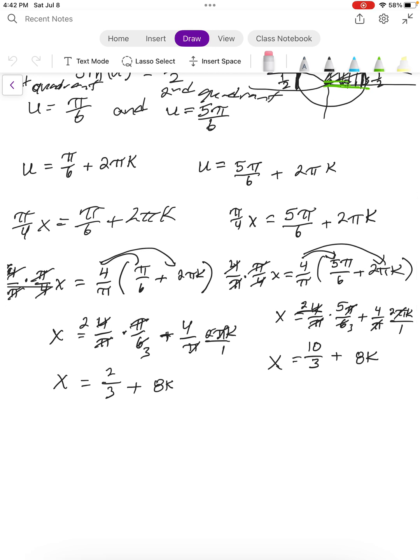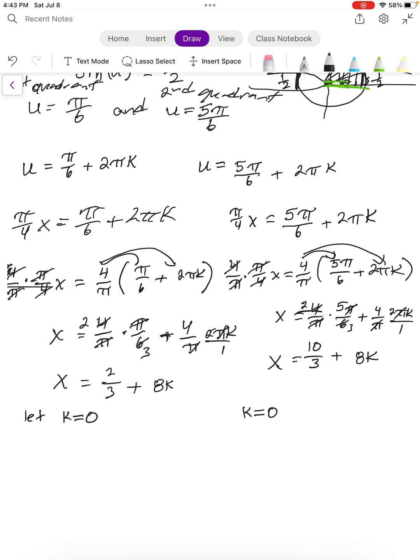The next step is to actually let k equal 0 and plug 0 into the equation above.